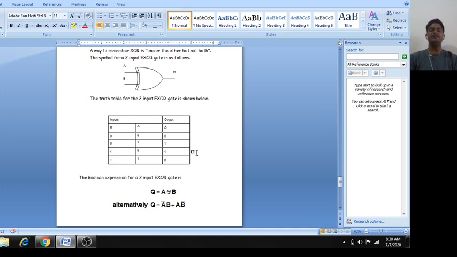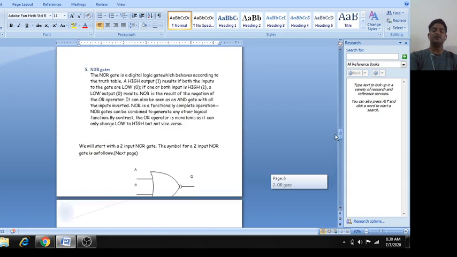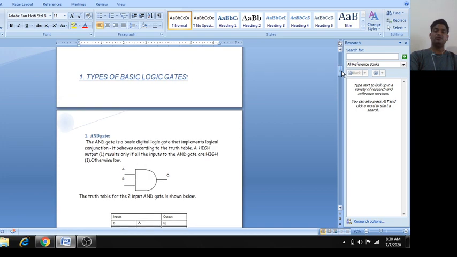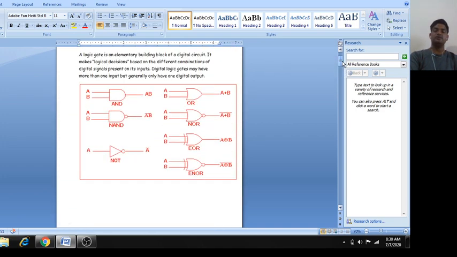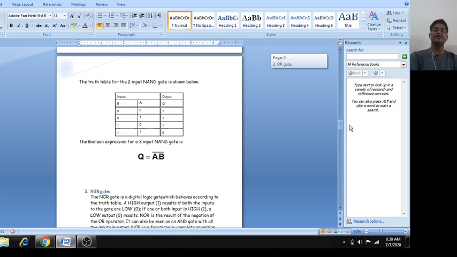One switch is on the first floor and one switch is on the ground floor, and you can switch on or switch off from anywhere, either from the ground or from the first floor. So this is an example of your XOR gate. Okay, this is all about your types of logic gates.